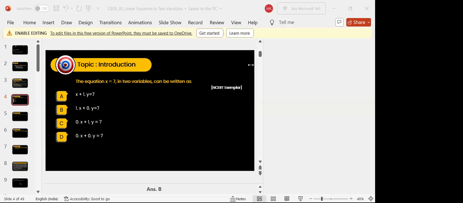So the equation x is 7 in two variables can be written in the form. Everybody knows you will write the answer.